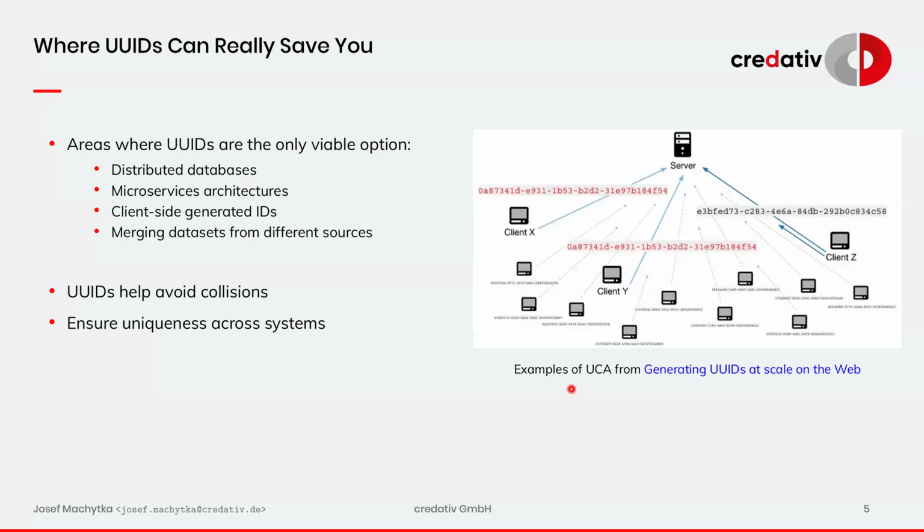UUIDs actually were created for distributed applications, for microservices architecture, and the idea was that these identifiers should be generated by clients, and a mechanism was needed which would ensure that these identifiers are really unique.